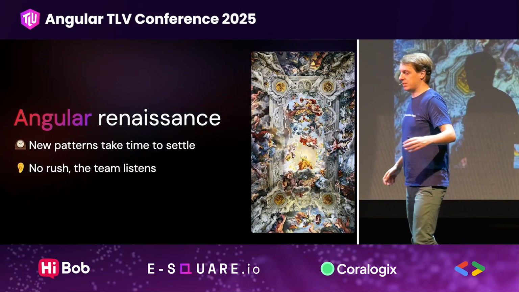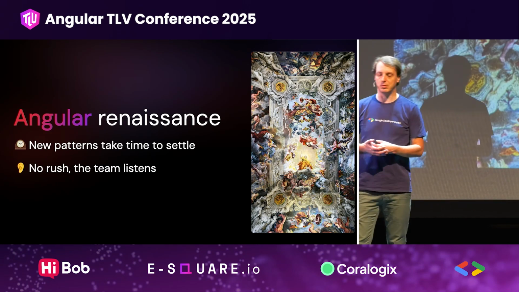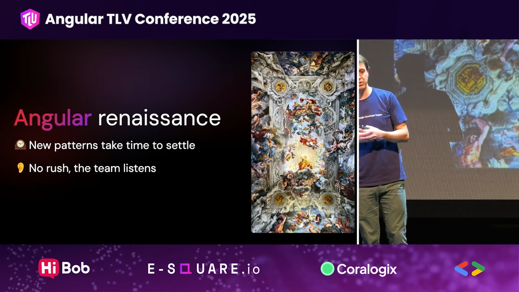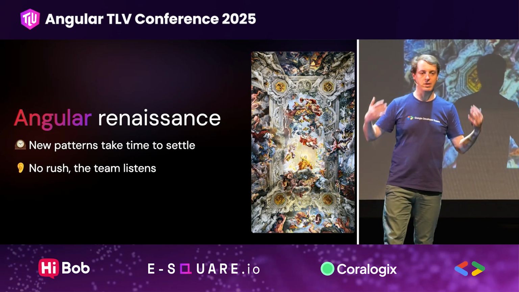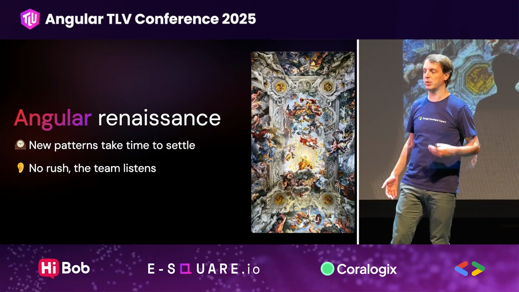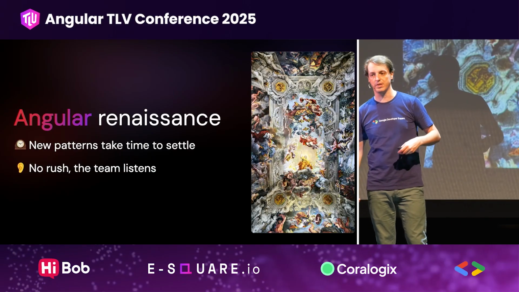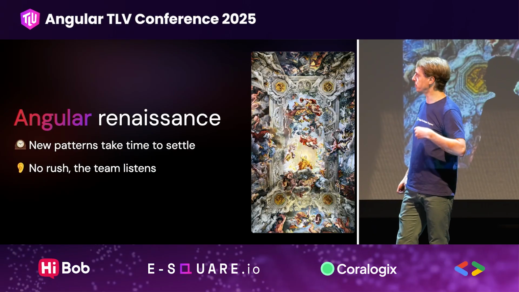All of this led us, so you might know that we've been using that term for a couple of years now, we're talking about the Angular Renaissance. So Angular has changed a lot since V14. It started when we introduced standalone components, then we introduced new reactivity, then we improved the SSR story, things like this.